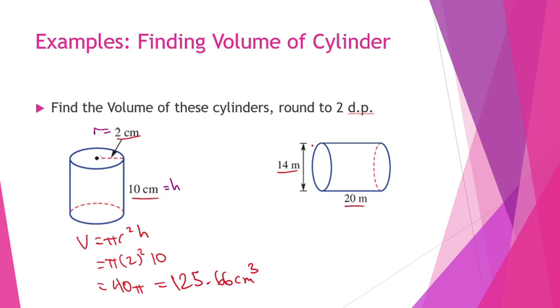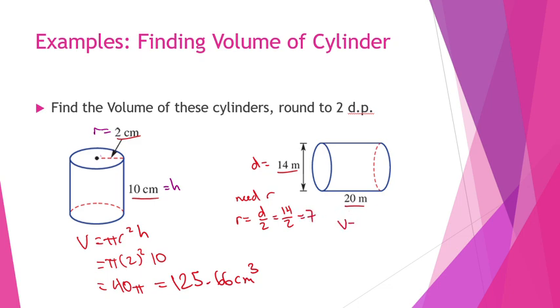Now for my second example, I have 20 meters and I have 14 meters. The 14 meters covers this whole circle from edge to edge here, so what we're actually given is the diameter. So diameter equals 14 meters. Now the formula for volume requires the radius. To find the radius, remember, you just divide the diameter by 2, which equals 7.